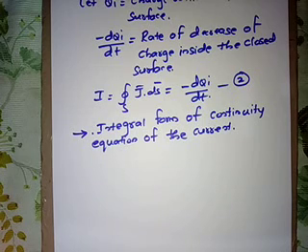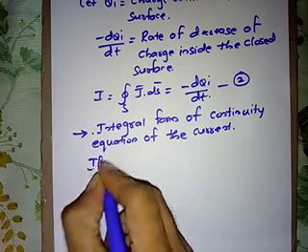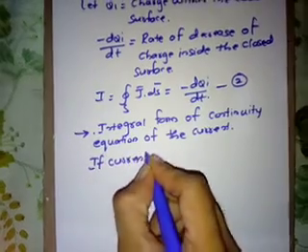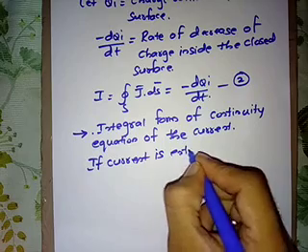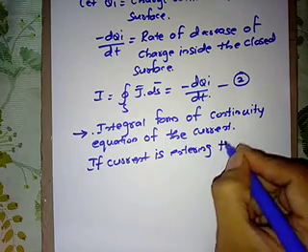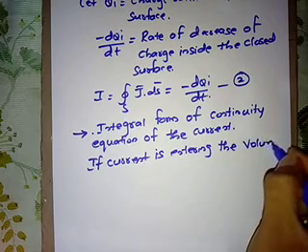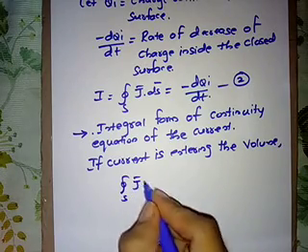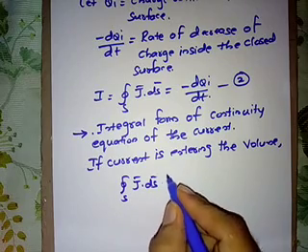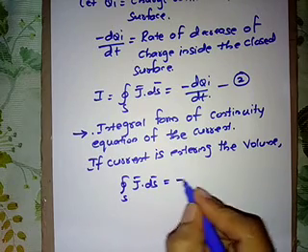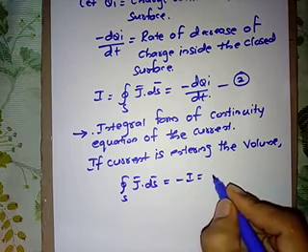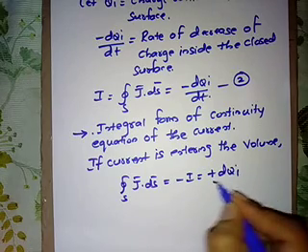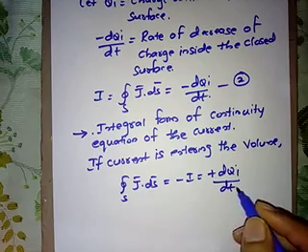So here, if the current is entering the volume, then we have the closed surface integral of J bar dot ds bar equal to minus I, that is equal to plus dQi by dt, is it not?